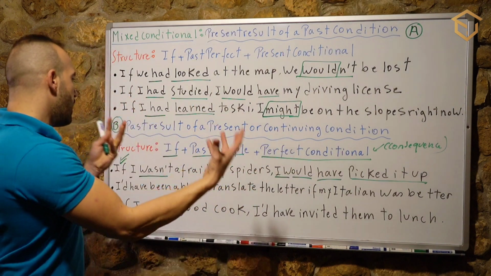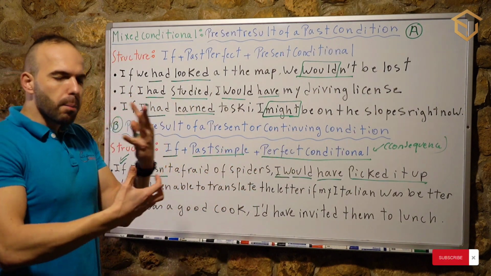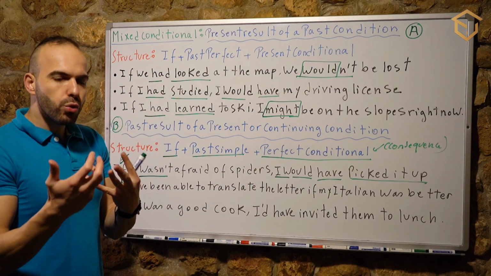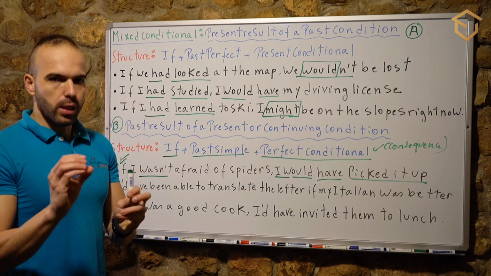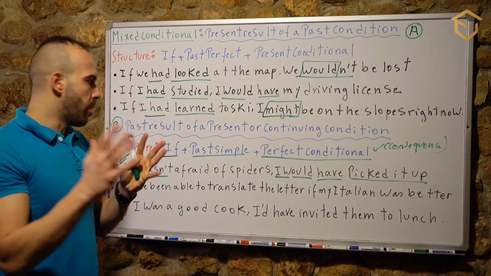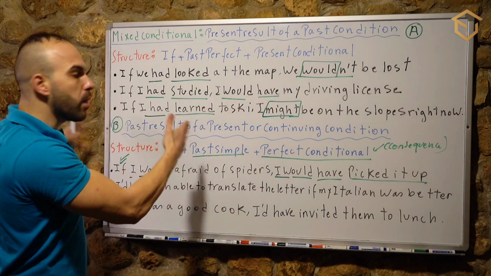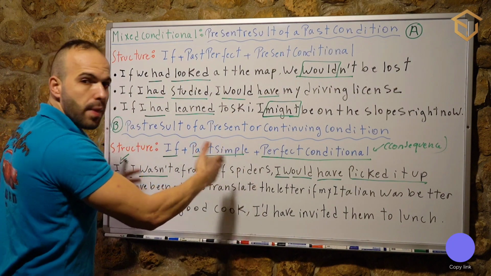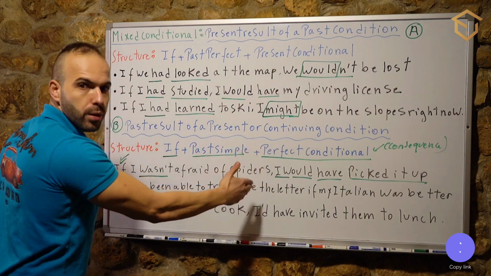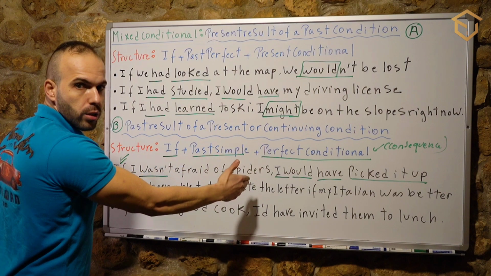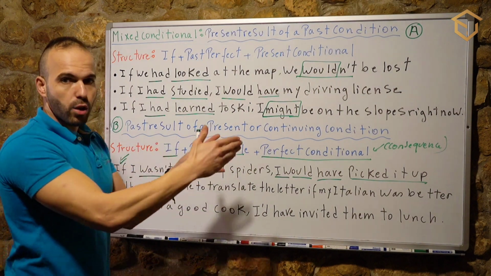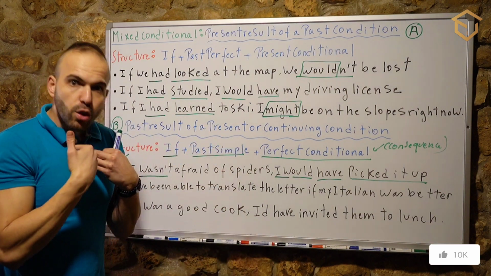This one might be quite complicated for you to comprehend, but it's quite easy. Let's just imagine a situation that could happen in the past, but it didn't happen. That's an unreal present situation because it says if I wasn't afraid of spiders, but I'm afraid of spiders.